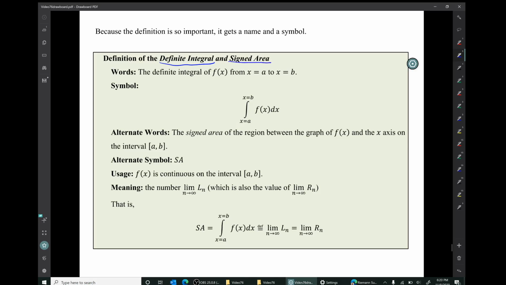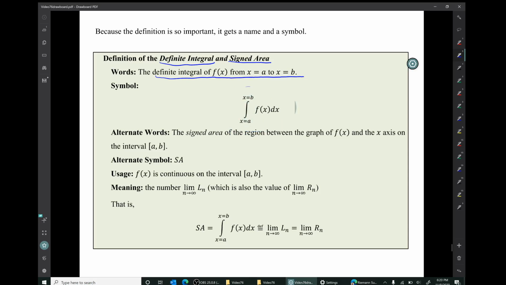So the words are the definite integral of f of x from x equals a to x equals b. The symbol is this thing, which looks like our symbol for indefinite integral, except there are these things decorating that big curvy S-like symbol. There's an x equals a at the bottom of that symbol and an x equals b at the top of that symbol.